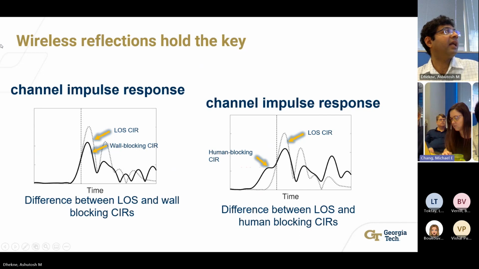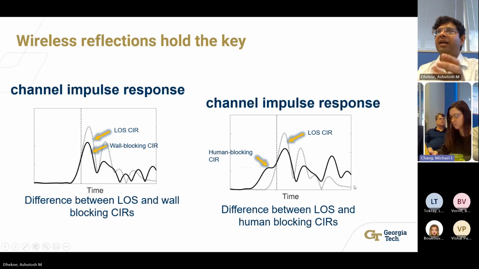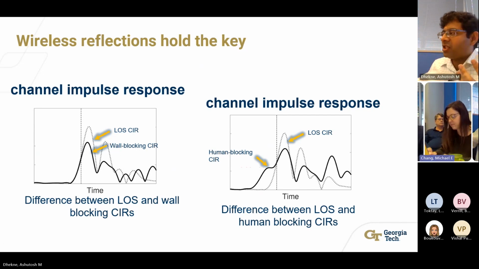If you look at just the gray line over here, that's the first peak. That's the direct pulse reaching the destination. But then it also reflects from other places and comes back repeatedly. And those are these reflections that you can see, which get manipulated based on whether there's something in between.